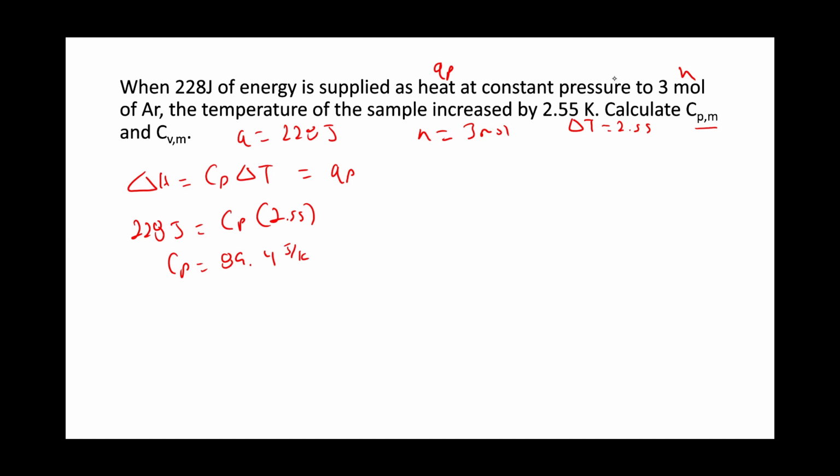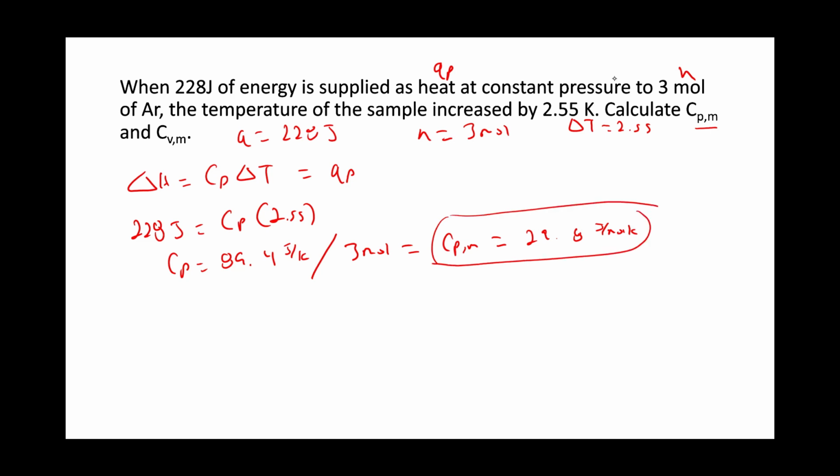If you want to do this on a per mole basis, because we want molar heat capacity, we divide this by our 3 moles, which makes the molar heat capacity 29.8 joules per mole Kelvin. All right, that one's pretty easy.